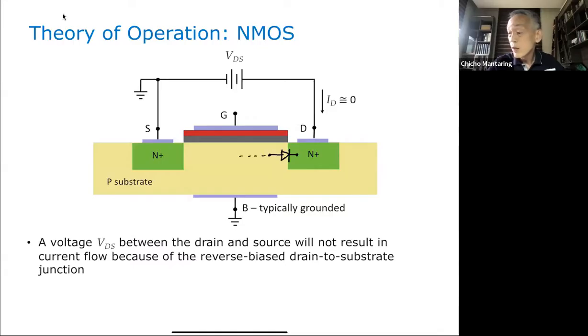And then between this P and this N, I have a diode in this direction. So this is what my circuit looks like. My circuit looks like a power supply. Then I have a diode this way, and I have a diode this way. So what will my current be?